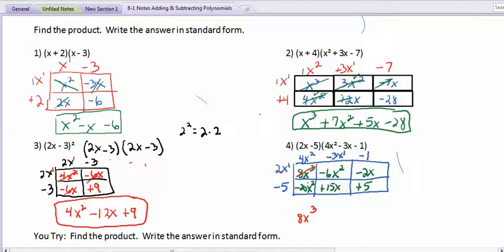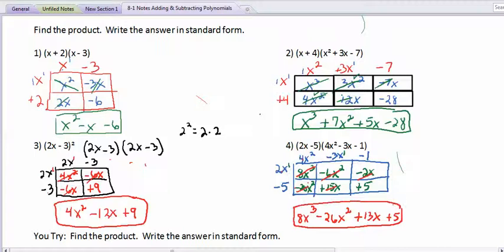So I have negative 6 and negative 20, so it's negative 26x to the second. And I use those two. And then I have 15 and a negative 2, so 15 minus 2 is 13, and it's going to be positive 13x. So I use those two, and now I have a positive 5. And there's my answer for number 4.